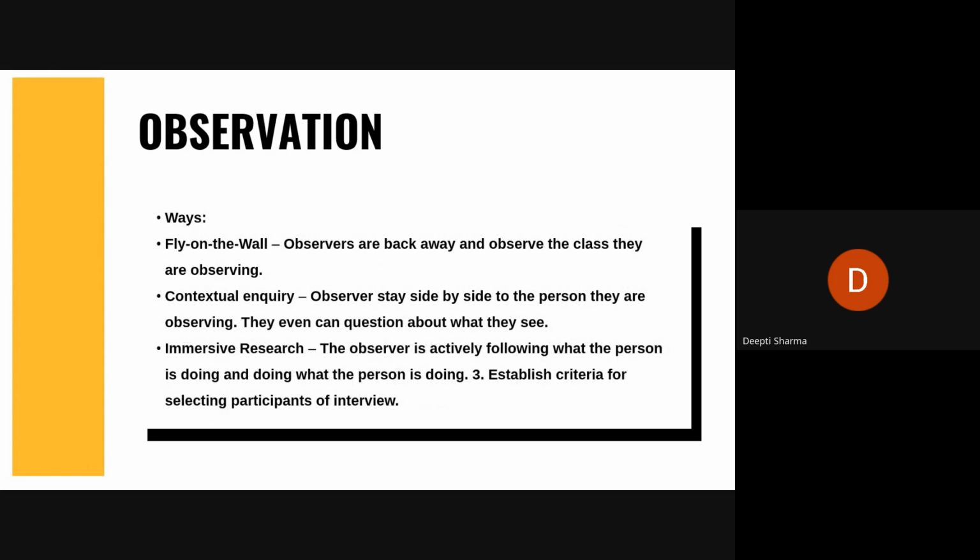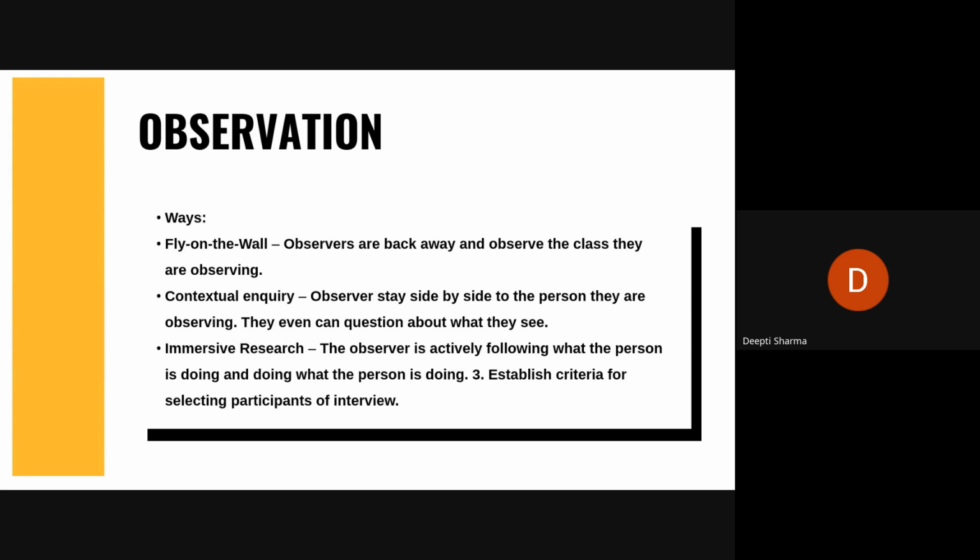What are the ways of observation? First is fly on the wall, second is contextual inquiry, and third is immersive research. In the first method, observers stay back and observe the class they are observing. In contextual inquiry, observers stay side by side with the person they are observing.